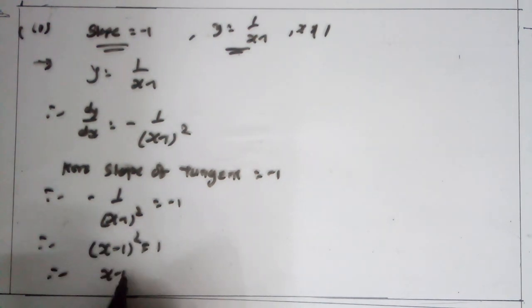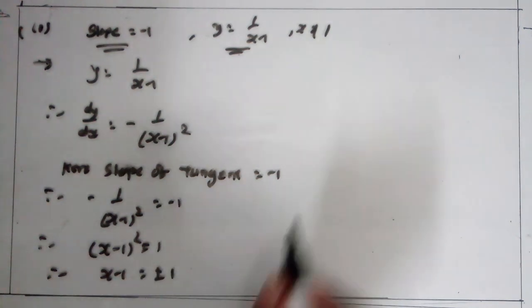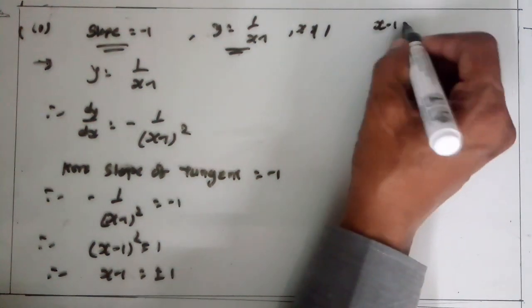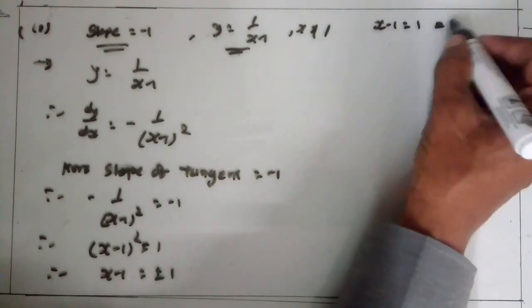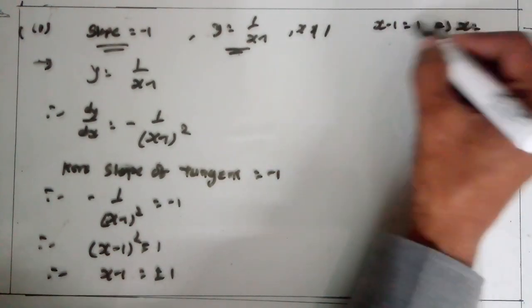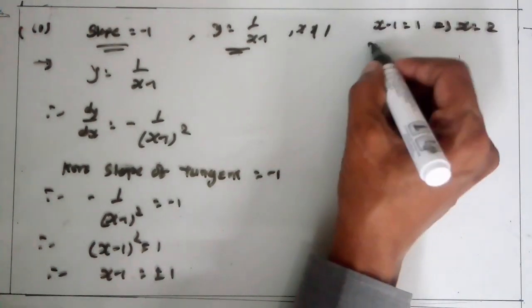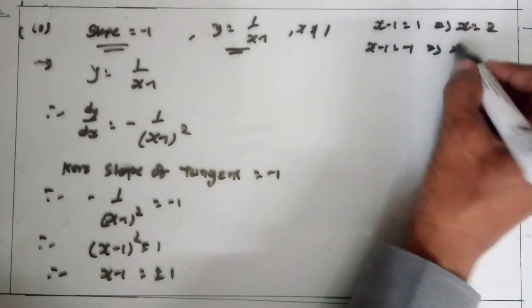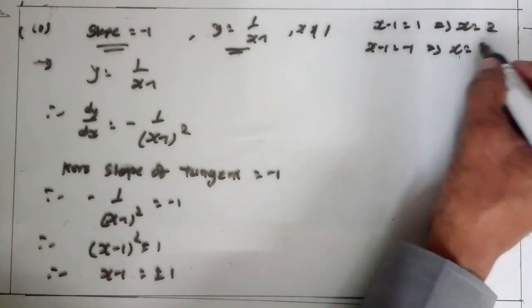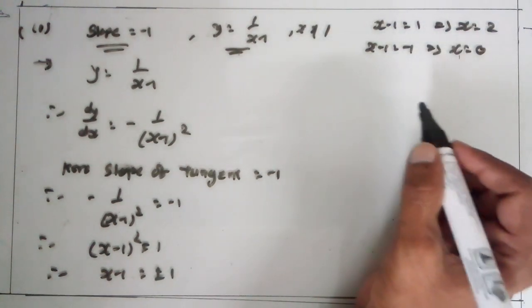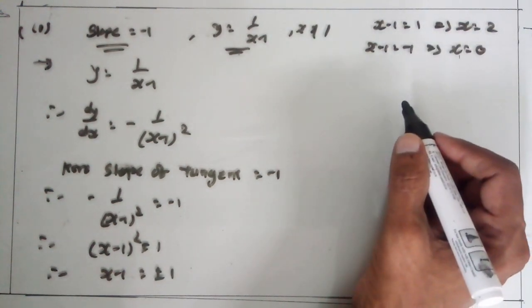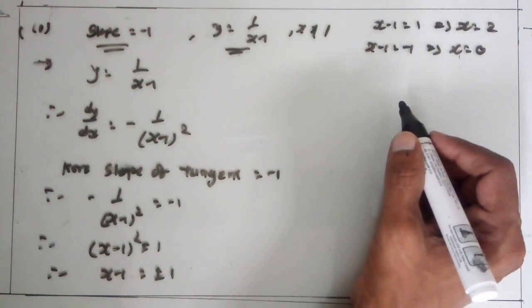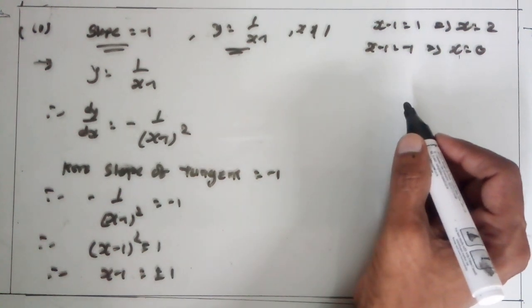Therefore x minus 1 is equal to plus or minus 1. So if x minus 1 is equal to 1, this implies x is equal to 2, and if x minus 1 is equal to minus 1, this implies x is equal to 0. Okay, and here we want to get the equations of all lines with slope minus 1.